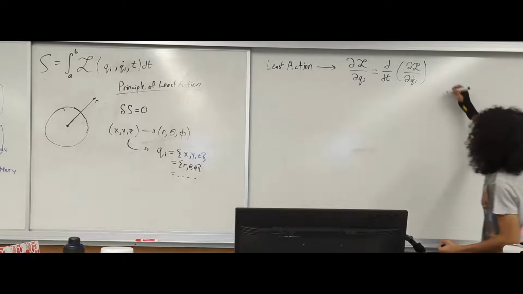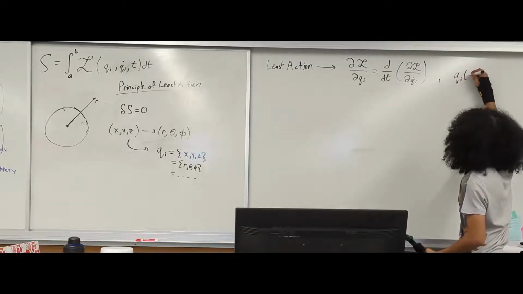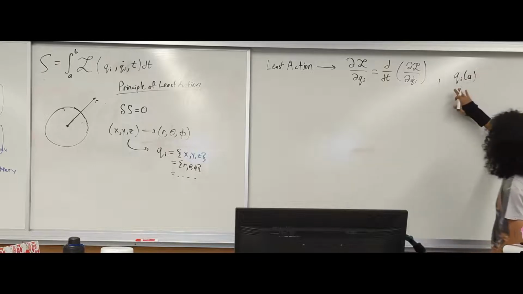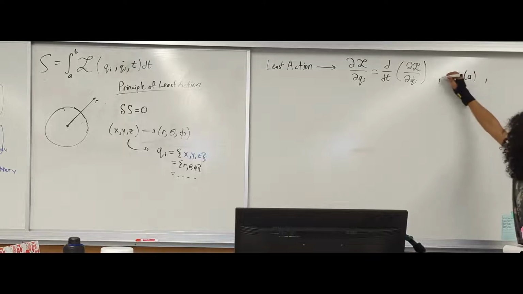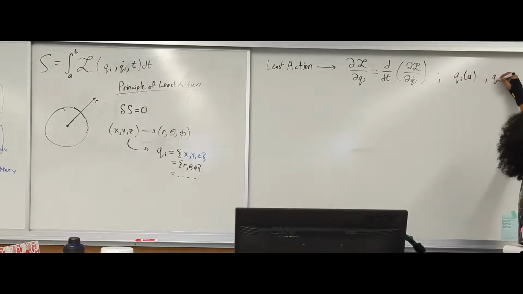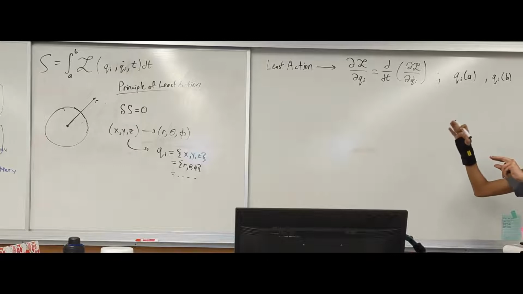So what we had actually was that we knew all of these, the initial and final positions. So these were given. And that's what I said at the beginning, that we're minimizing the action, but we know the two endpoints of the trajectory.